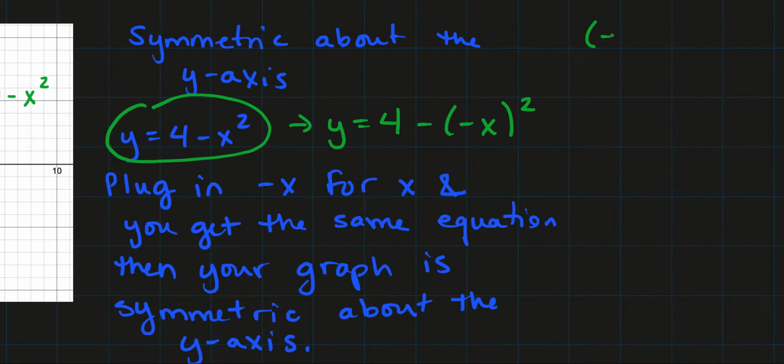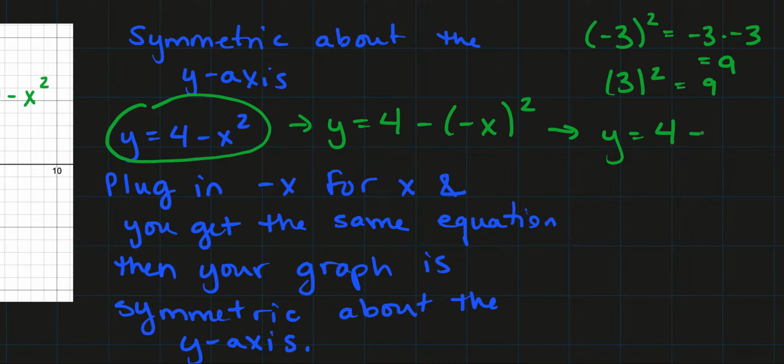For example, if you take negative 3 and square it, this is negative 3 times negative 3, which is 9, which is the same thing as 3 times 3, or 3 squared. So when you have an even power like this, the negative goes away. So this is the same thing as y is equal to 4 minus x squared, because I can get rid of the negative because this is even. And this is exactly what we started with.